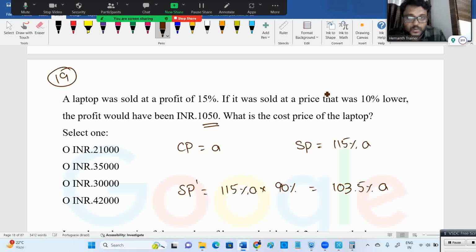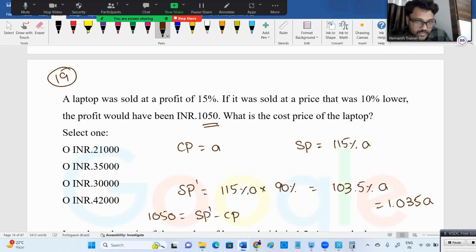At this place, profit is 1050. 1050 is new selling price minus original cost price. 103.5% means 1.035. So the difference, with CP being A, is 1.035A minus A, which is 0.035A, equal to 1050.